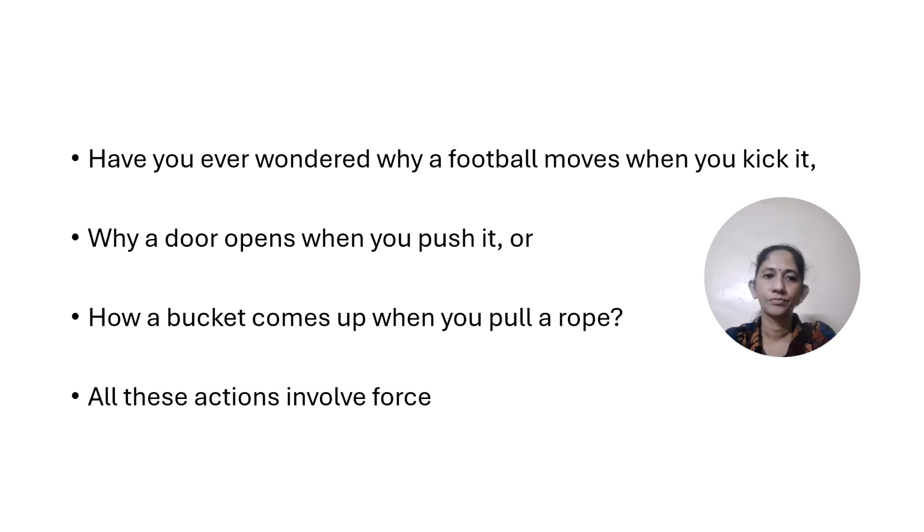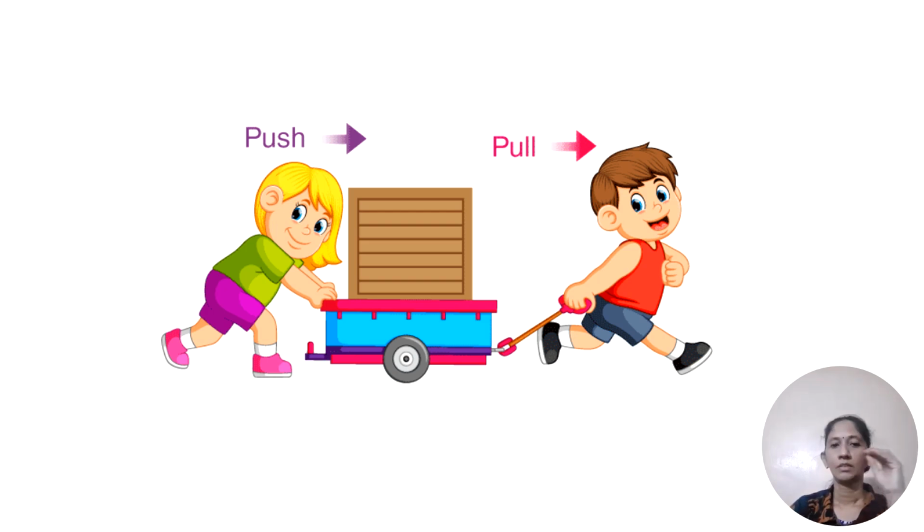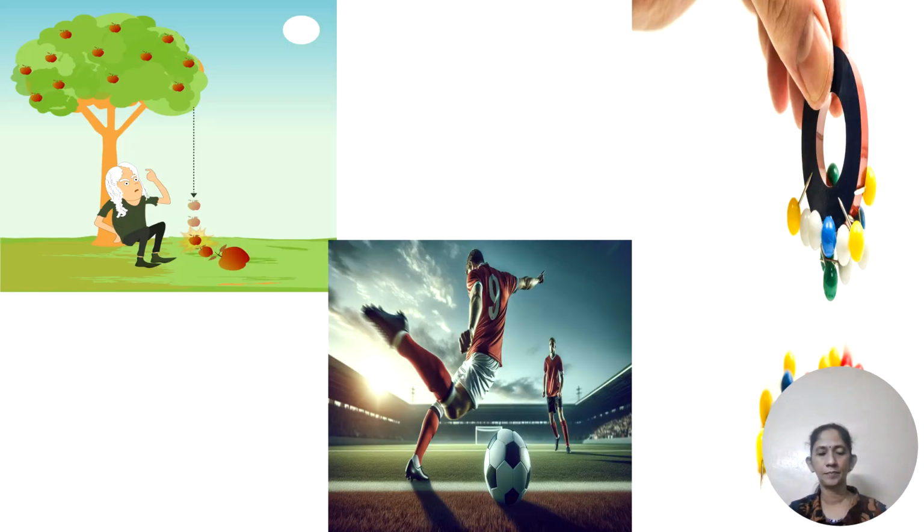So look at this picture. On this cart, this girl and boy are giving a pull and also a push, isn't it? That means both are giving force to the cart. Next, some of the examples.